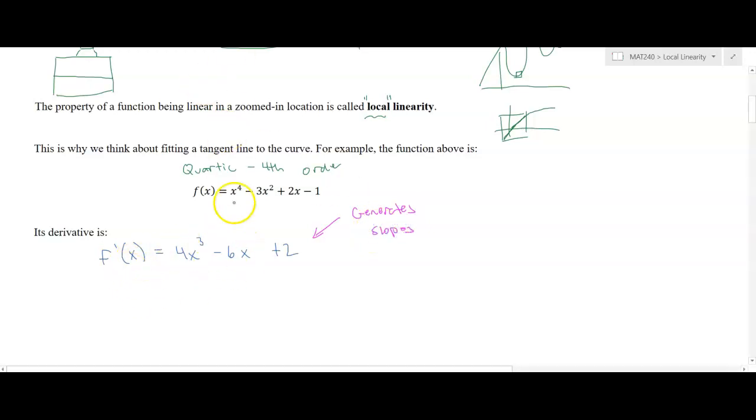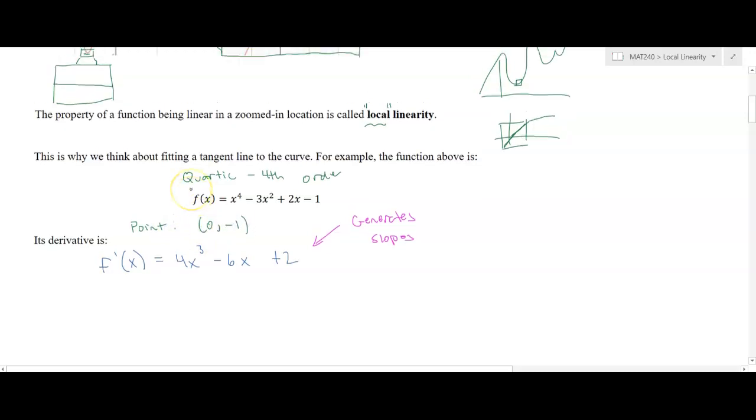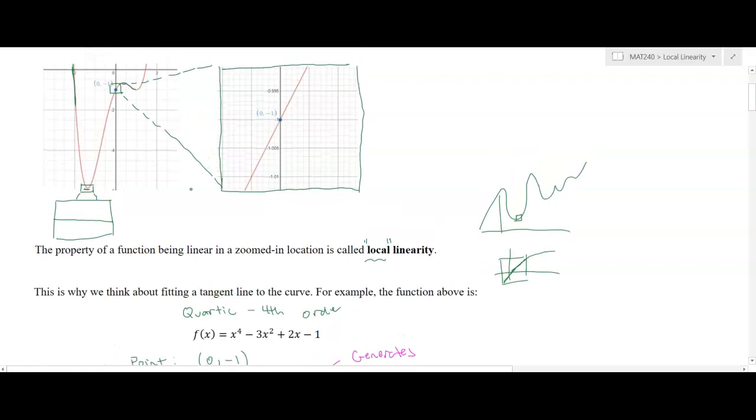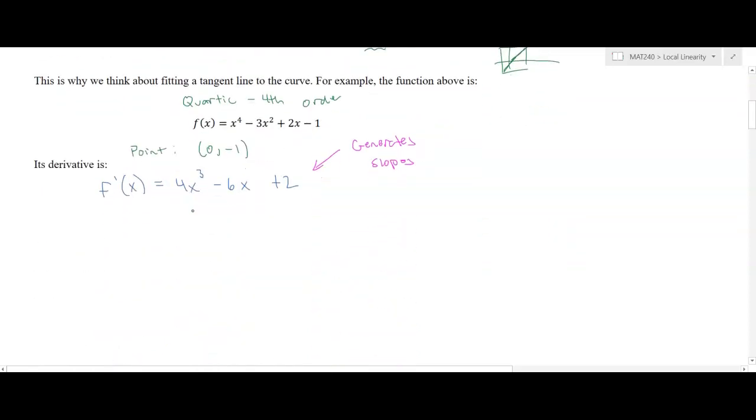And so now if we want to know the slope at x equals 0, we're interested in the point (0, -1). That's just from our illustration back here. We really wanted to focus on the point along that curve at (0, -1). So now that we have the slope function, we need to gather the slope at this x value of 0.